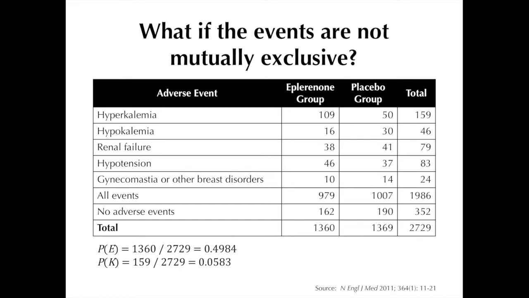The probability of being in the eplerenone group or of having hyperkalemia occurring jointly is not at all equal to the sum of these two probabilities. If you were to use the addition rule from earlier, you will notice that the patients in the eplerenone group with hyperkalemia will be counted twice. If you are unable to visualize this, hopefully the explanation using a Venn diagram will make things clearer.